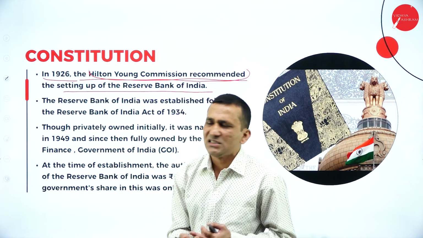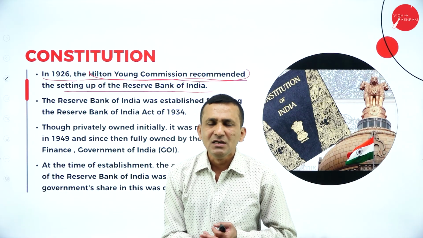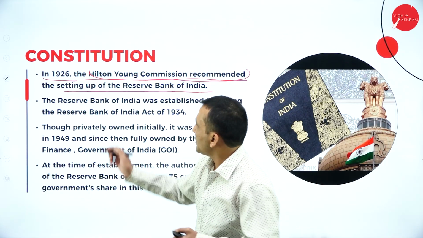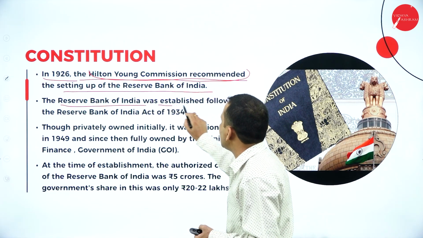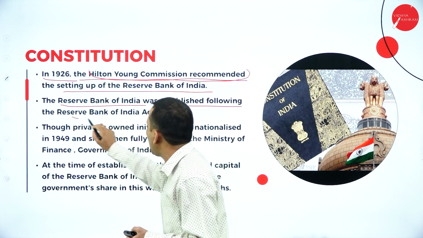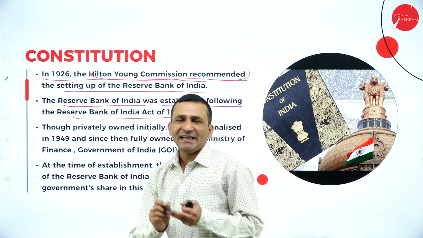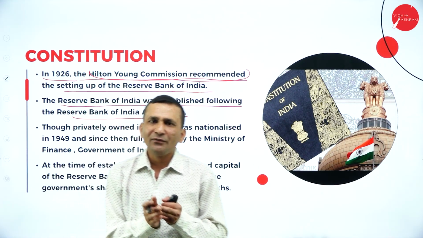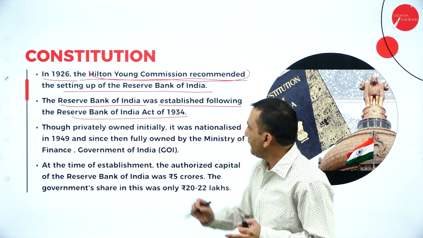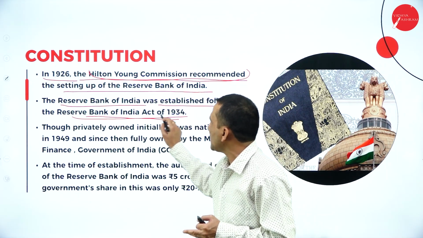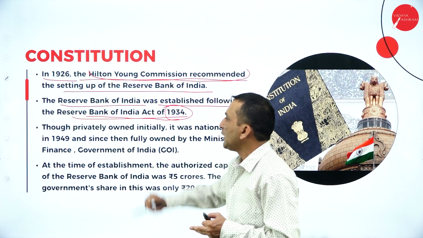They frame the policy related to the banking system. So RBI was recommended in 1926. The Reserve Bank of India was established following the Reserve Bank of India Act, 1934. They recommended it in 1926, but the new Reserve Bank Act was passed in 1934.